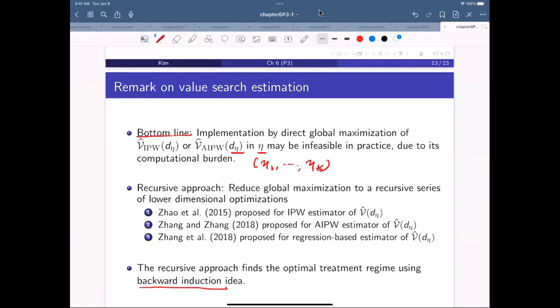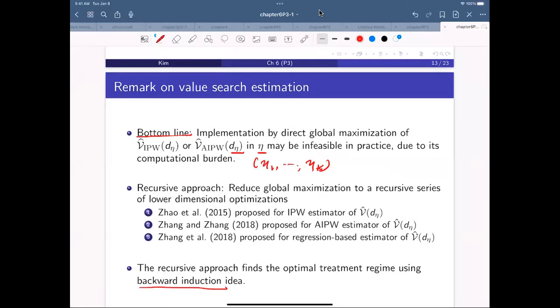Basically, you first determine eta k and then eta k minus 1, and so on, so you do it backward. For this recursive approach, they have three methods.